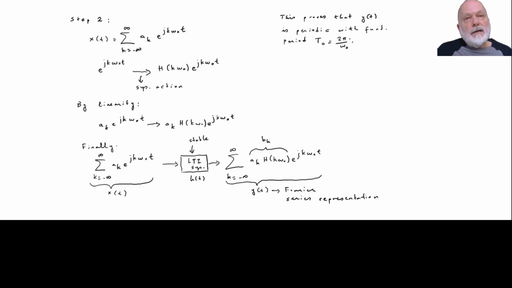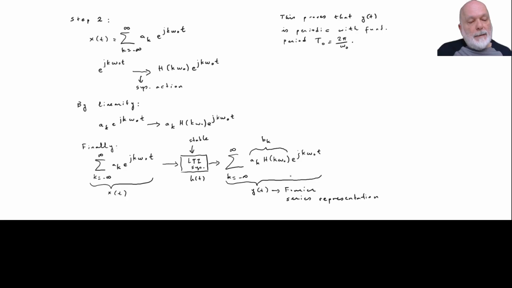We have not only proved that the output signal is periodic under the condition that we have a linear time invariant system which is stable, but also calculated the Fourier series representation of the output as well.